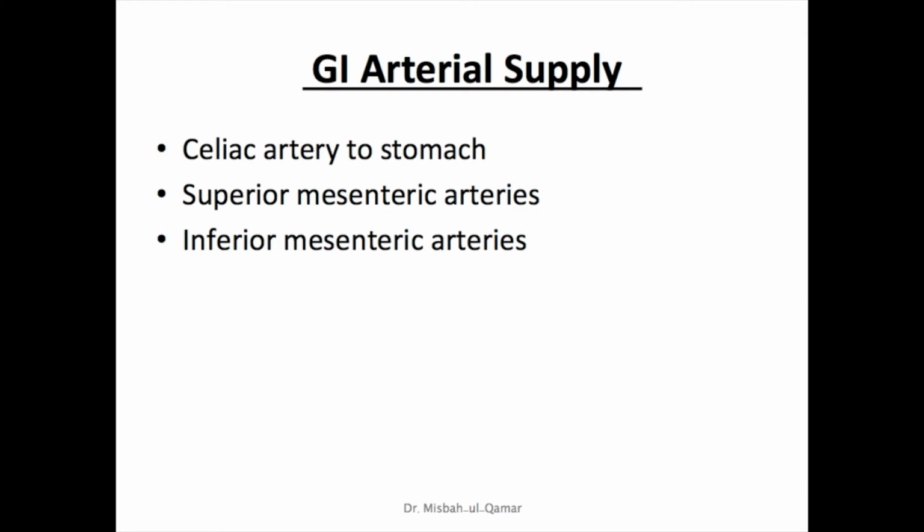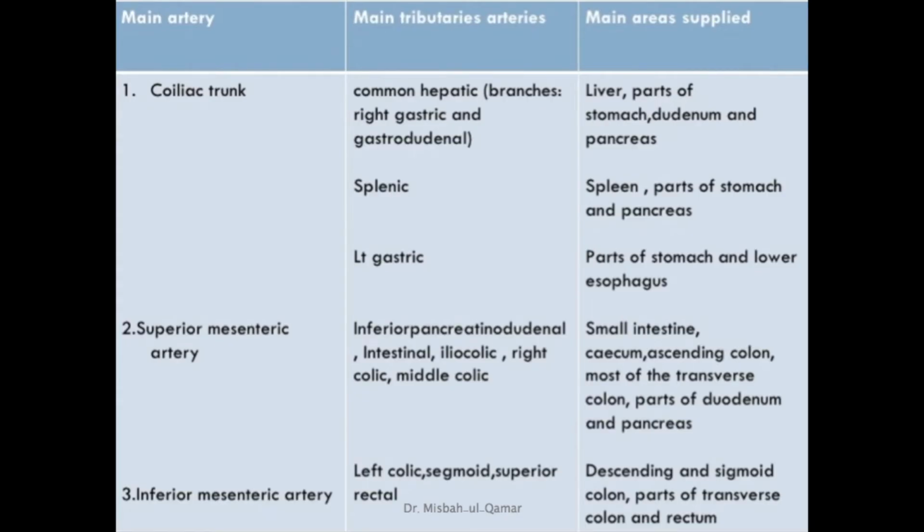Arterial blood supply to the gastrointestinal tract is achieved through the celiac artery, which supplies the stomach, and then the superior and inferior mesenteric arteries. The details of these arteries you can see in this chart.